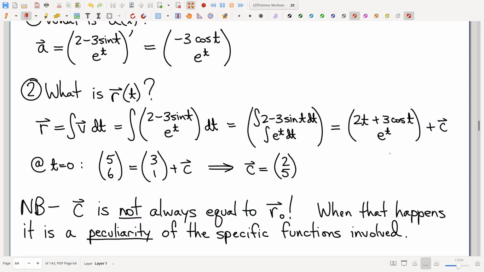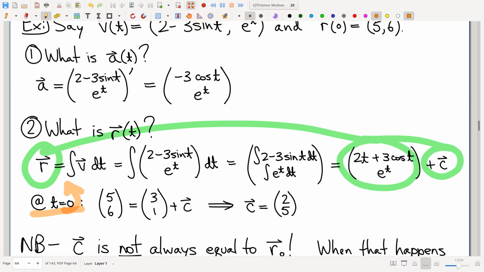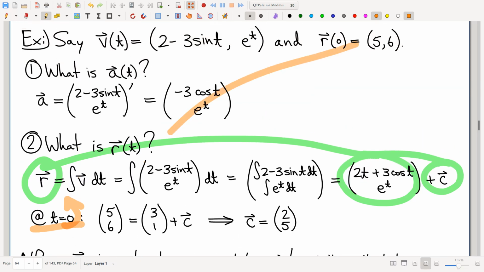So let's see the right way to compute the integration constant. We're going to look at this equation right here, and we're going to plug in t equals 0. Well, when t equals 0, position is 5, 6. When t equals 0, this term, plug and chug, 3, 1.